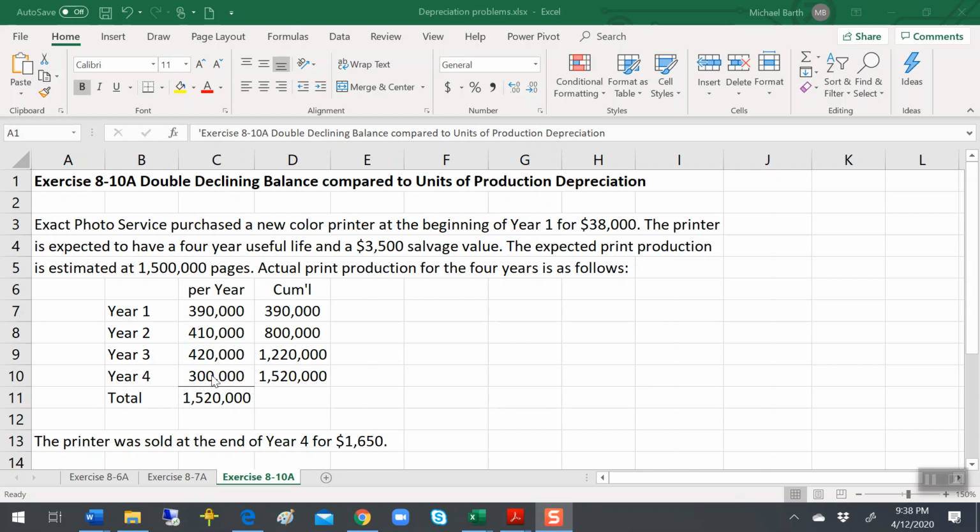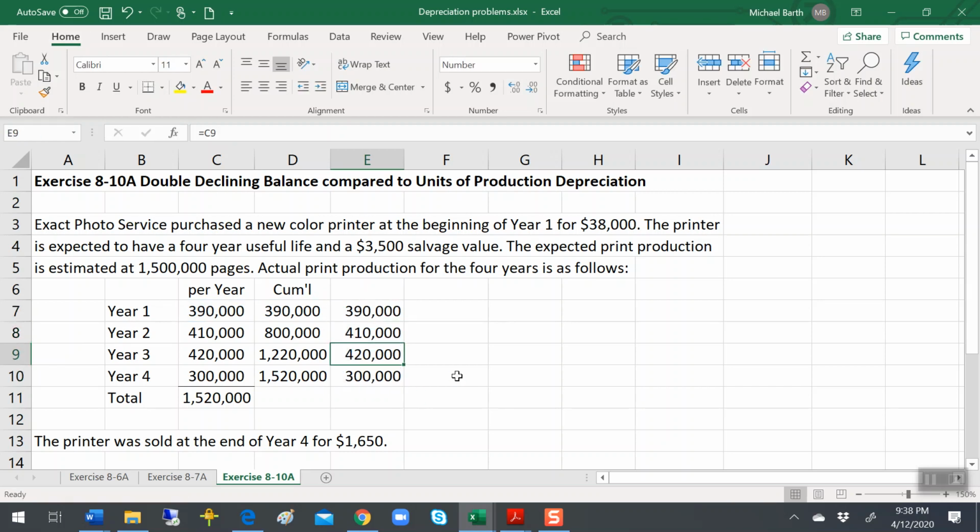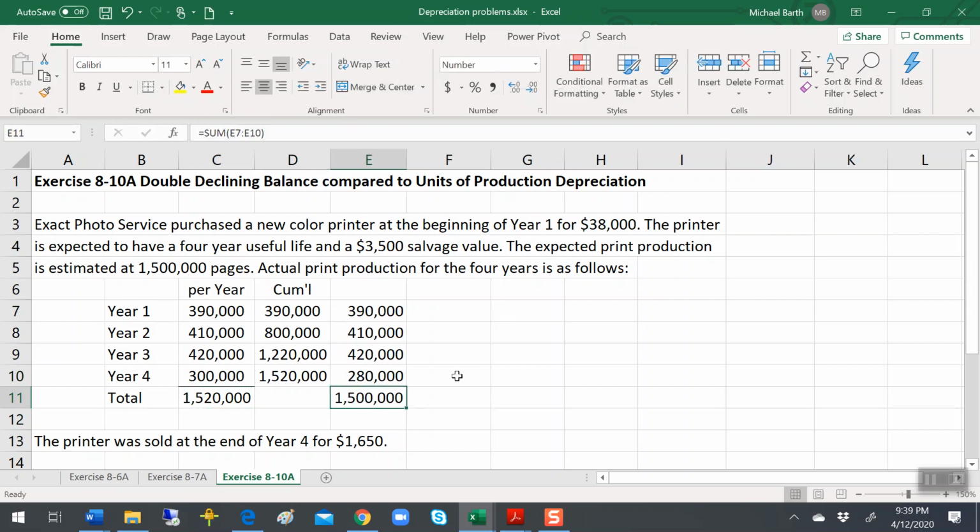So with this particular instance, since the cumulative in those 4 years goes beyond 1.5 million, you'd have to reduce that last year's depreciation so that it's only 280,000. So the grand total adds up to the 1.5 million pages. Okay, so how do you know how many pages you're going to actually take? You don't. You're making an educated guess.